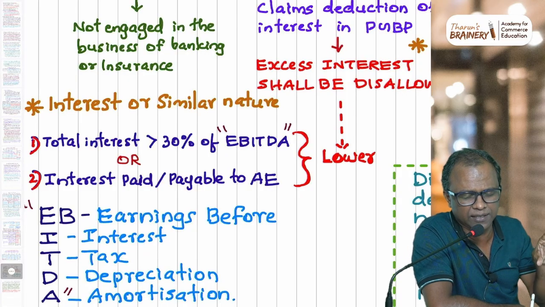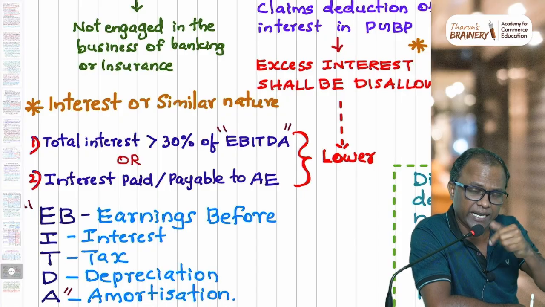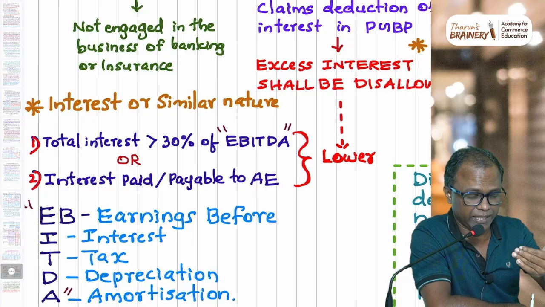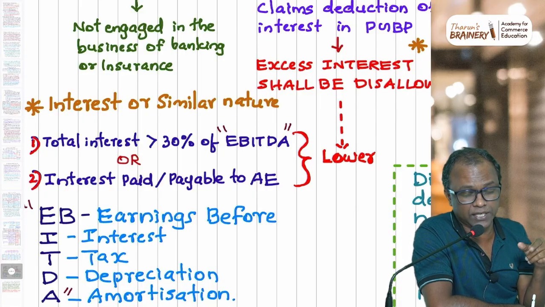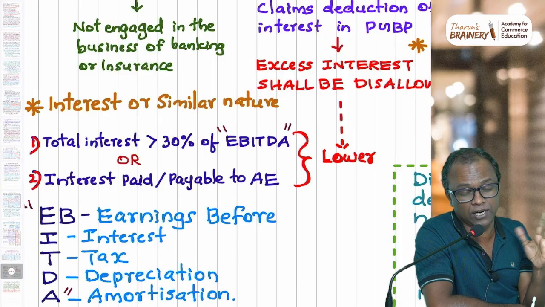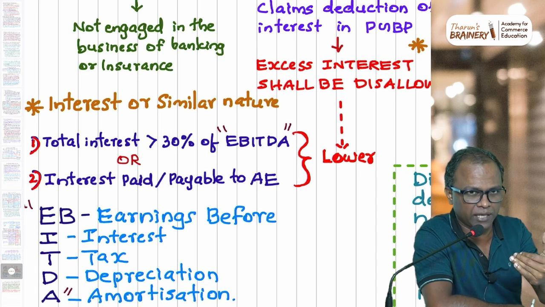So suppose in the current year, 2 crore is disallowed, that 2 crore can be carried forward to next year. And in the next year, if your total interest does not exceed 30% of EBITDA, say next year your total EBITDA is 100 crore, 30% of EBITDA is 30 crore. But next year, your total interest is only 28 crore. So not reaching the limit of 30% of EBITDA, there is a gap.